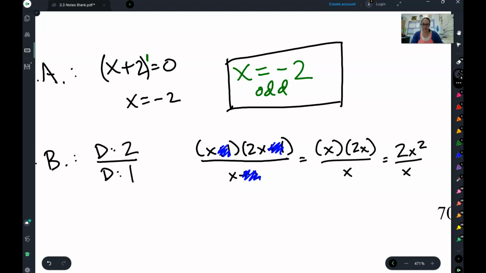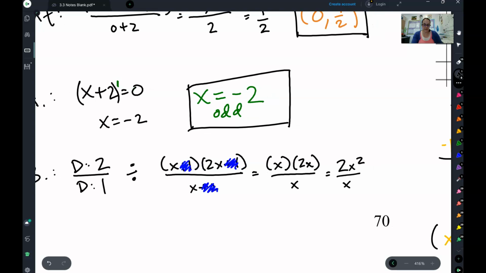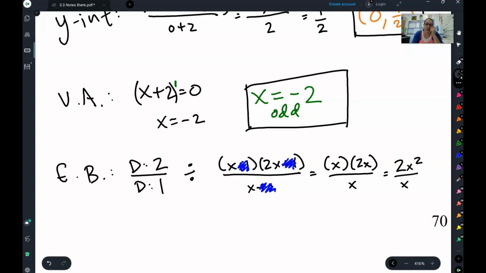So this is top heavy, which means I need to do my long division. So we're going to take this, we had it in factored form. I want it in all foiled out in standard form so that I can actually divide it.